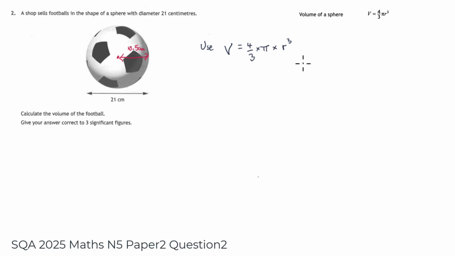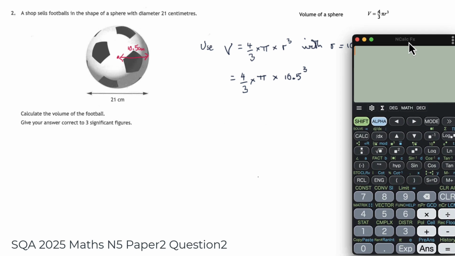So that's the radius. So the calculation we have to do is 4/3, 4 divided by 3, times pi times 10.5 cubed. So let's bring on the calculator to do this.